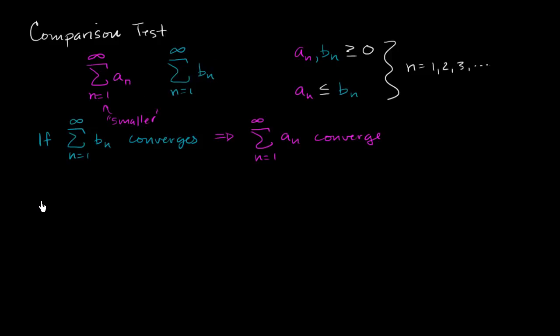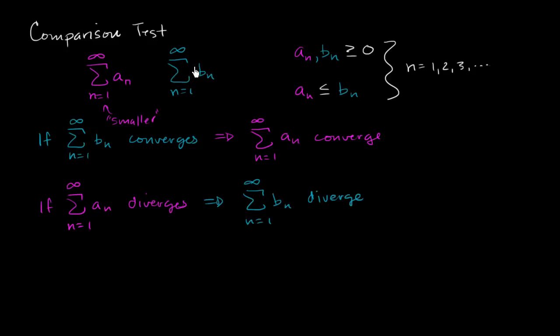So let's write that down. So the comparison test tells us if our smaller series diverges, then the larger one must also diverge.